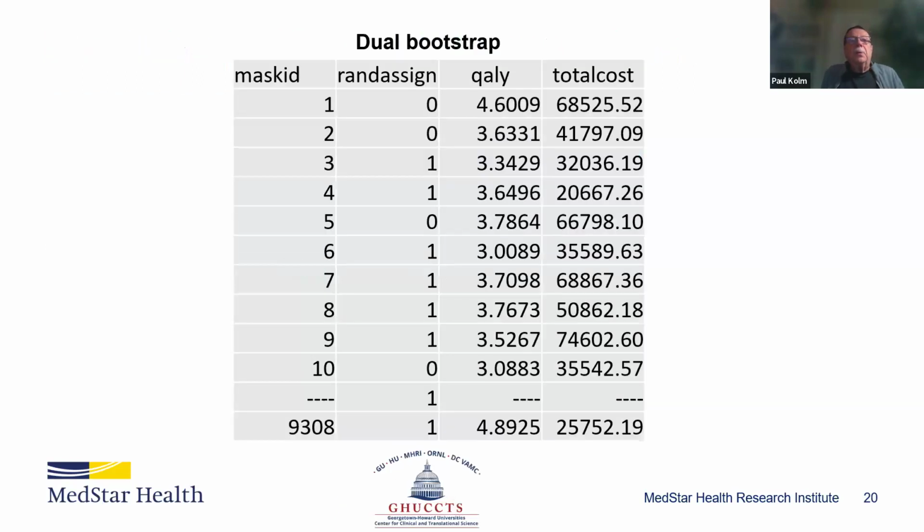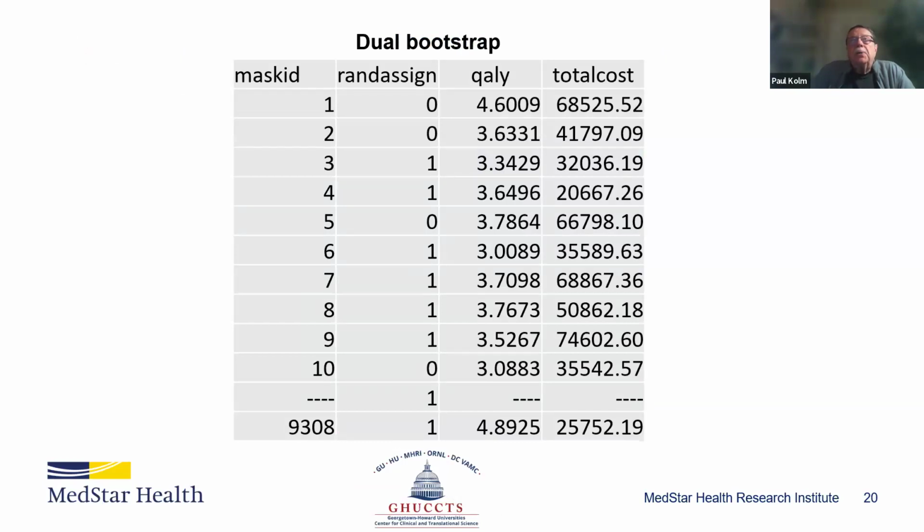So when we do cost-effectiveness analysis, though, what we do is we call the dual bootstrap. In this case, I have the same cost data here, the qualities, but also we have two treatment groups indicated by 1 as the treatment group and 0 as the control group.